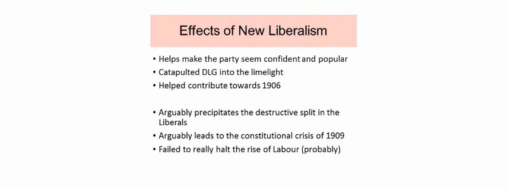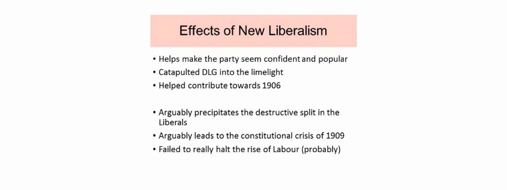Probably. Because actually, how do we know that? It doesn't mean Labour stops, but it might have slowed down Labour massively, but we can't prove that because we don't know. There's an argument to say that what new liberalism did, up until World War One, was allow the Labour Party and Liberals to get closer and closer, and was the reason why the Labour Party by 1914 only had 36 seats.